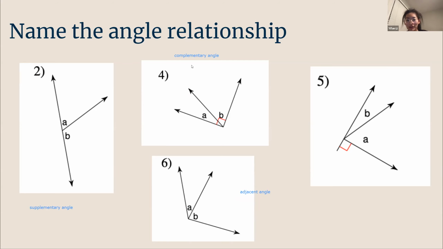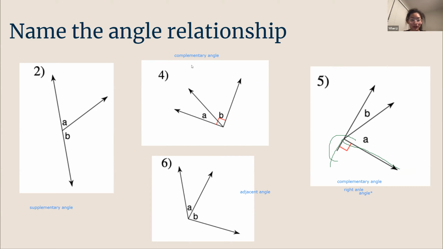And for number 5, the AB part is complementary angles, and the red part, this part here, is a right angle, because it's forming 90 degrees.